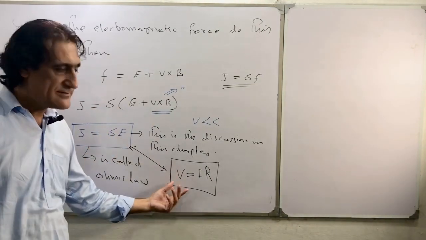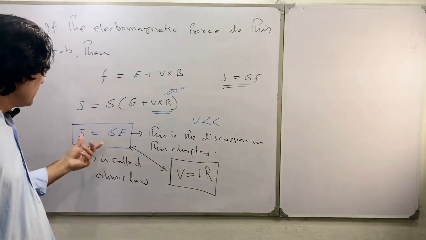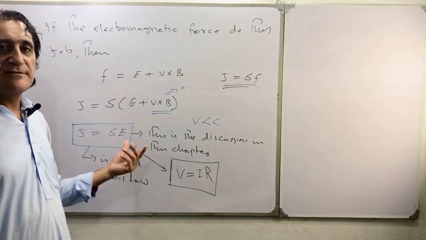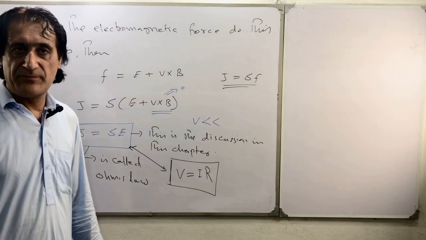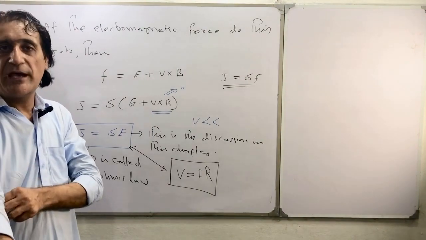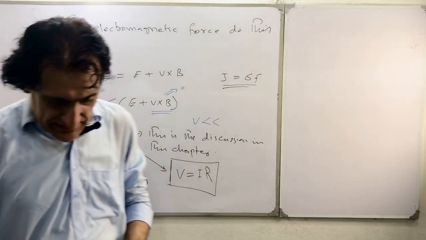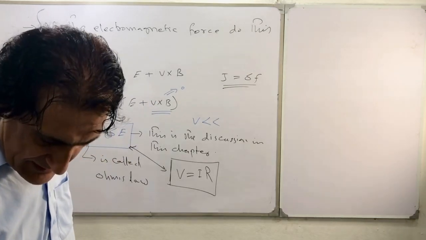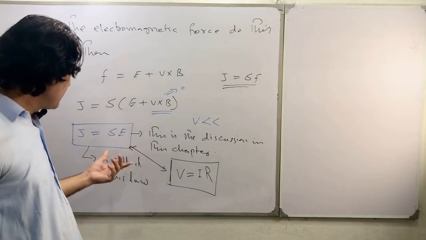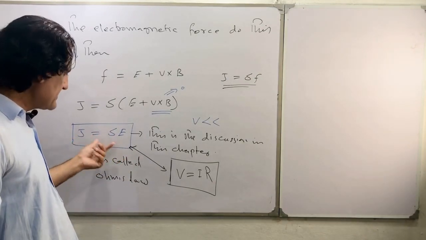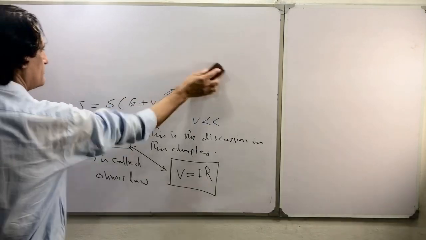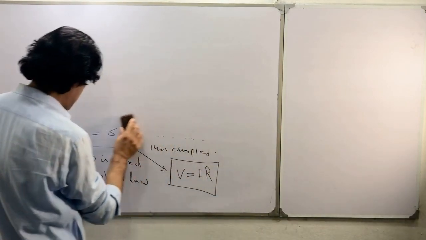We can derive V equal to IR from this, so actually these two equations are the same. How can we get this equation? We have to discuss two examples of chapter number 7, and then we can get the result why we can say this is Ohm's law as well. So let's discuss the two examples.